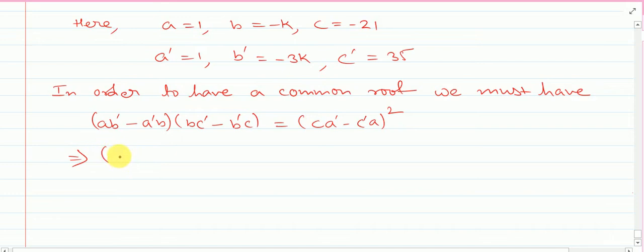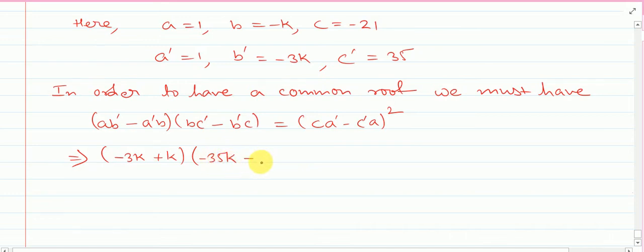So here we get: a is 1 and b' is minus 3k, minus a' is 1 and b is minus k, so this will become plus k. Here b is minus k and c' is 35, so you get minus 35k.